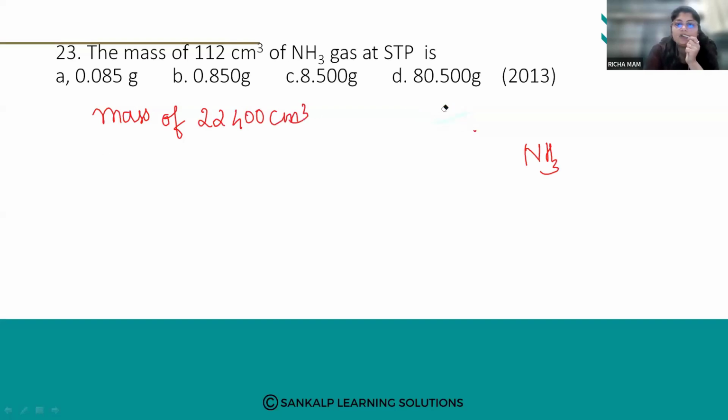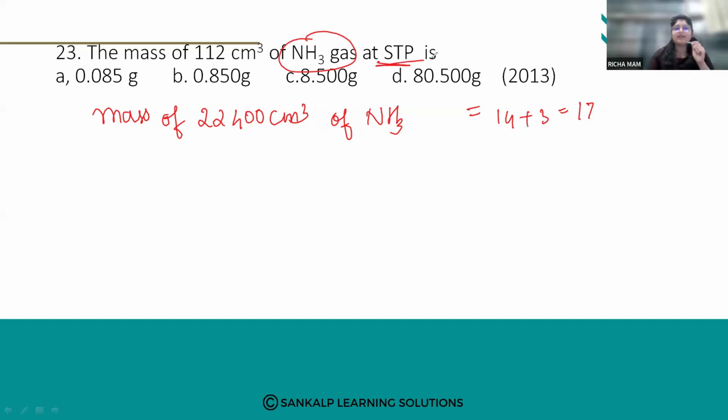So at standard temperature pressure, we have to calculate with 22,400 cm cube. So what is the mass of 22,400 cm cube of NH3? Nitrogen is 14 and hydrogen is 1 each, so 14 plus 3 is equal to 17. So that is the mass of ammonia gas at standard temperature pressure, that is, the mass of 22,400 cm cube.